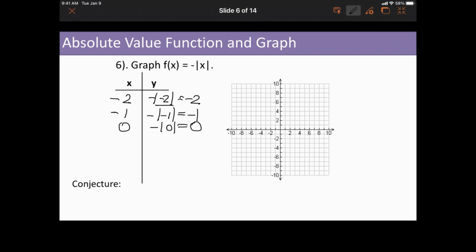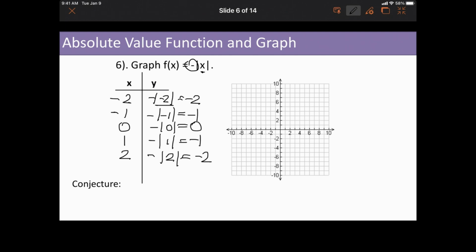No, you can't. And then the 1, it's the inside, so that's still going to be negative. So because the negative is on the outside, the final answer will always be negative. The inside will become positive, but the outside will make it negative again.